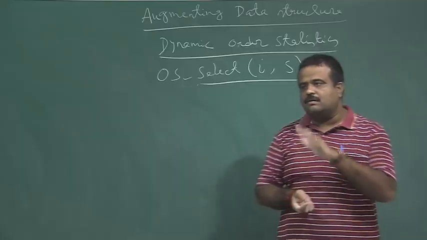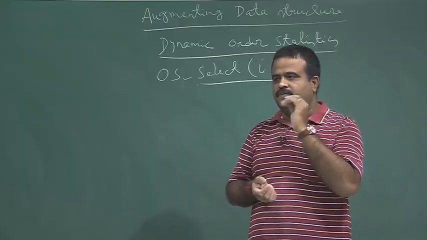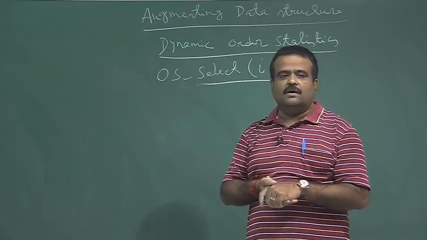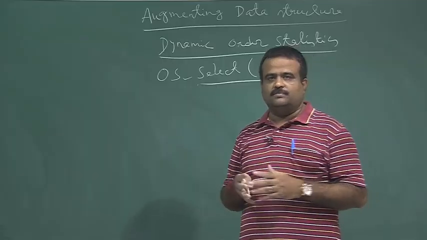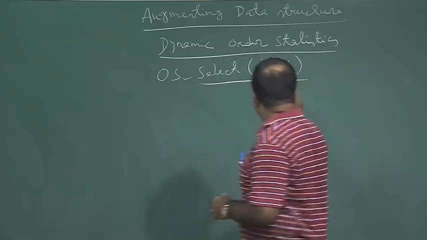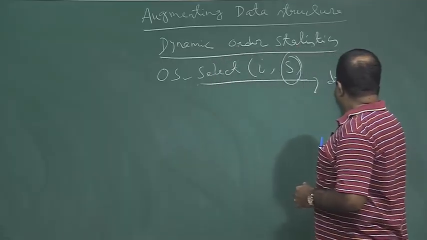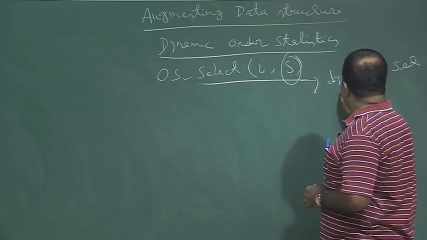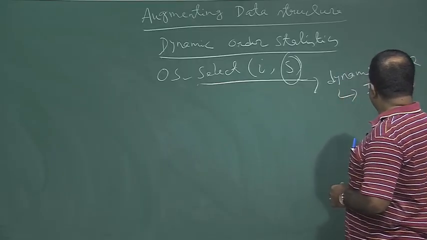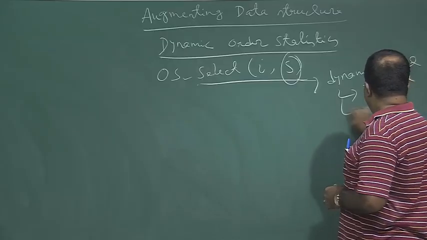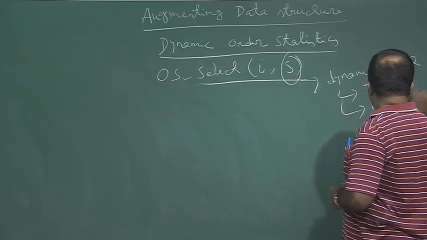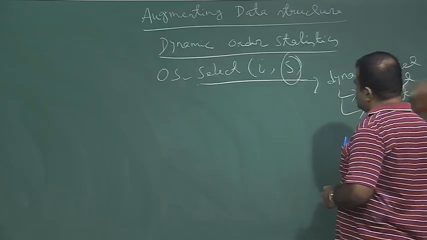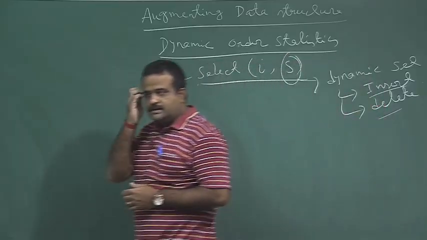There our input is static, the input is fixed; we are not inserting or deleting in the input. But here S is a dynamic set, that means we are allowing insertion and deletion. So, we are allowing these two operations in S. That way it is a dynamic set.